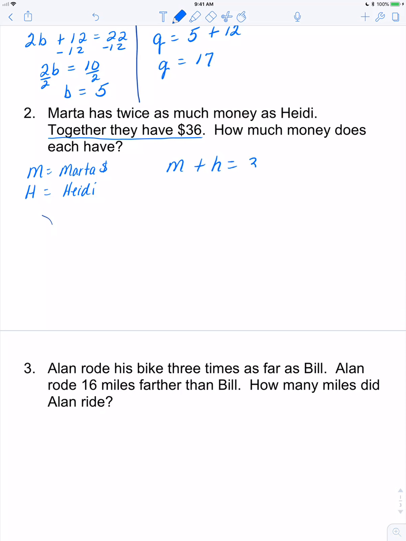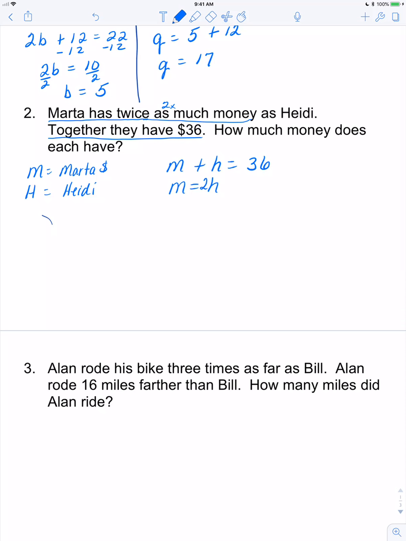Now our other equation says Marta has twice as much, so that means 2 times as much money as Heidi. So Marta has Heidi times 2, so M equals 2H. Again, that one's an easy one for substitution. So M plus H is 36, and Marta is 2 times Heidi.